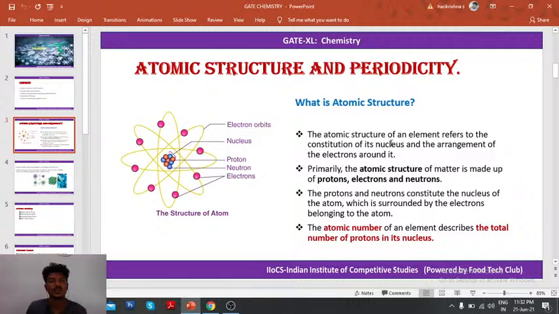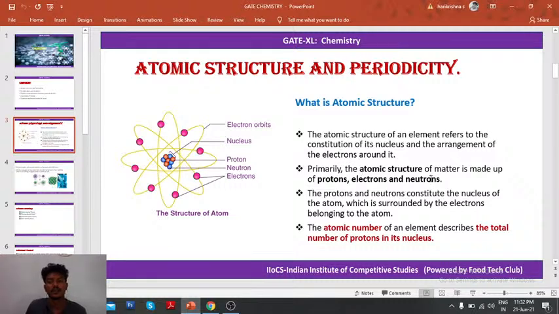As we know, the atomic structure of an element refers to the constitution of its nucleus and the arrangement of electrons around it. Here you can see the nucleus, which is composed of protons and neutrons, and the rose colored electrons revolve around this nucleus.